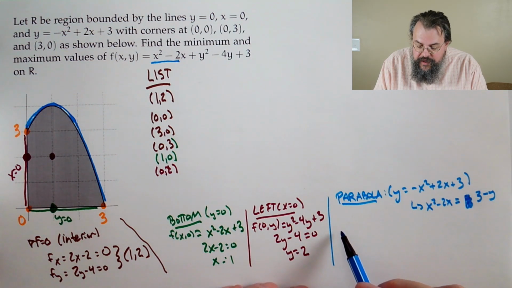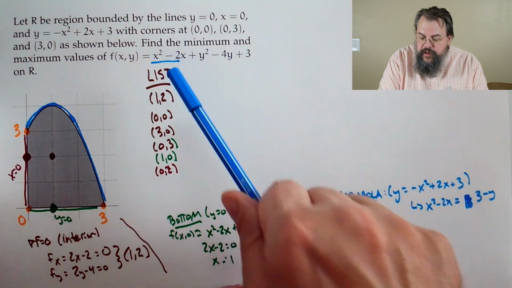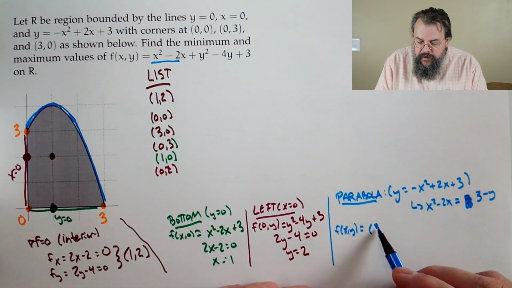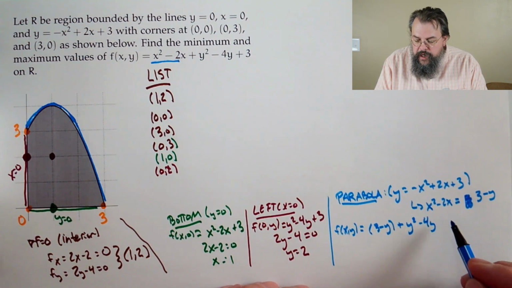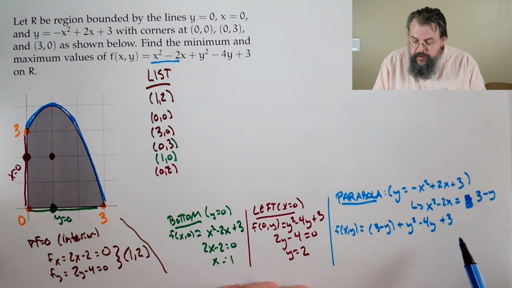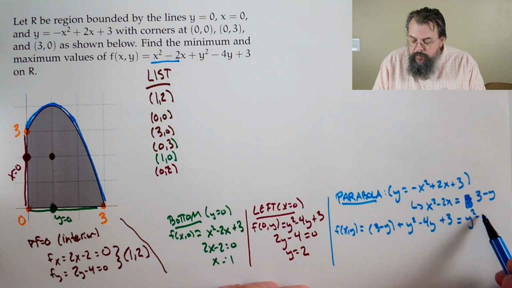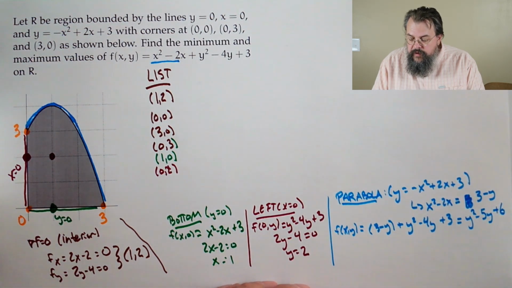So we can say, look, our function on the boundary becomes 3 minus y plus y squared minus 4y plus 3. Okay, well, that's wonderful. Why? Well, what do we end up with? We can say, look, this is y squared minus 5y plus 6.